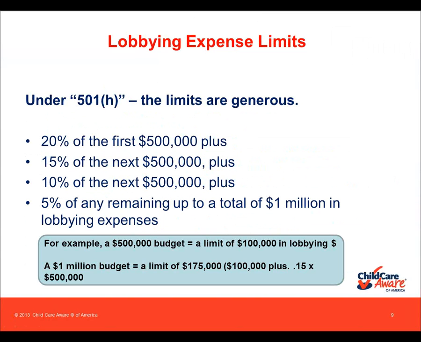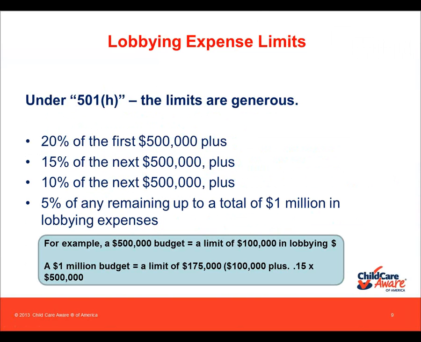So the first 20%, the 20% of the first 500,000, you can use for lobbying. So if your agency has an annual budget of 500,000, you have a limit of $100,000 in lobbying expenses that you can use.